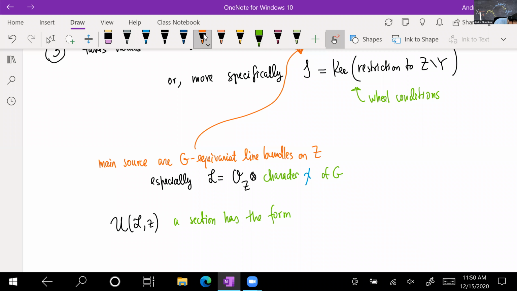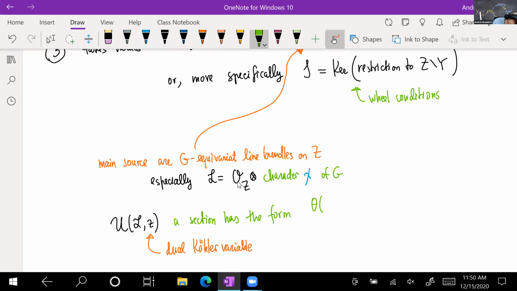Z is this variable. Those are the Kähler variables, or maybe dual Kähler variables.